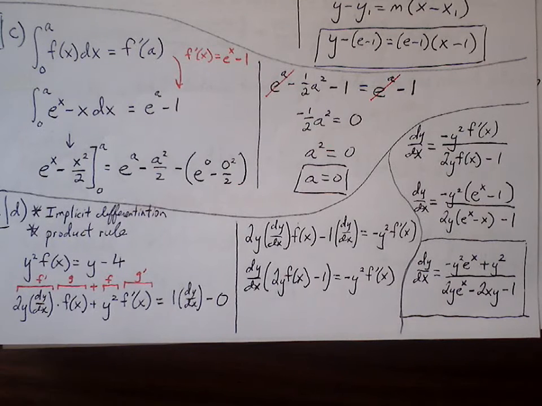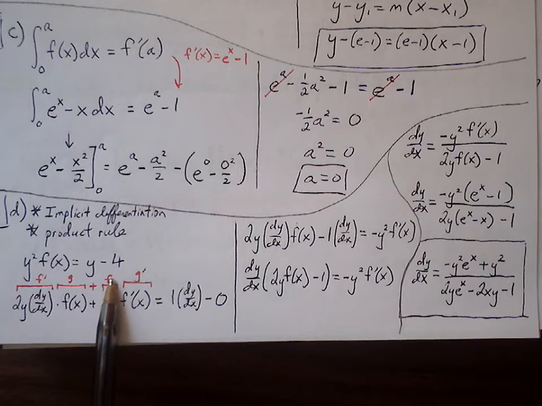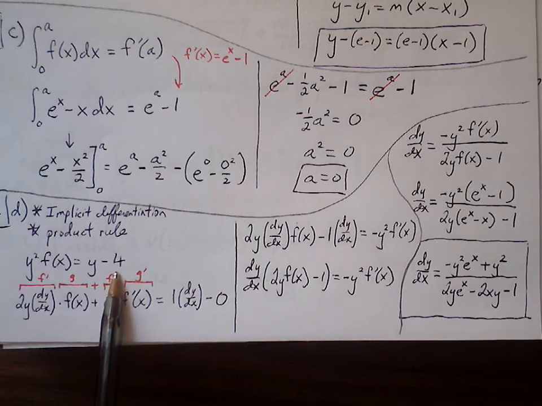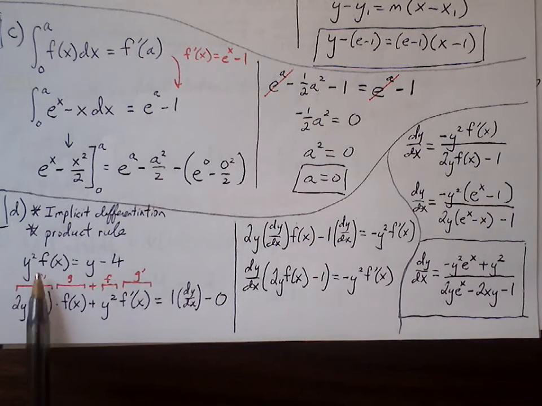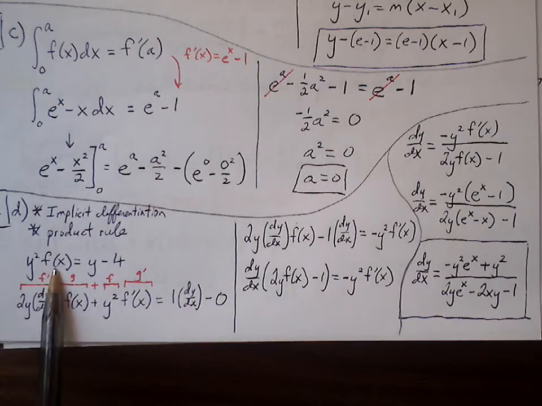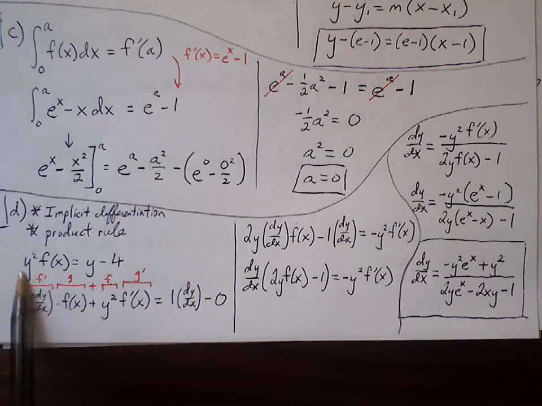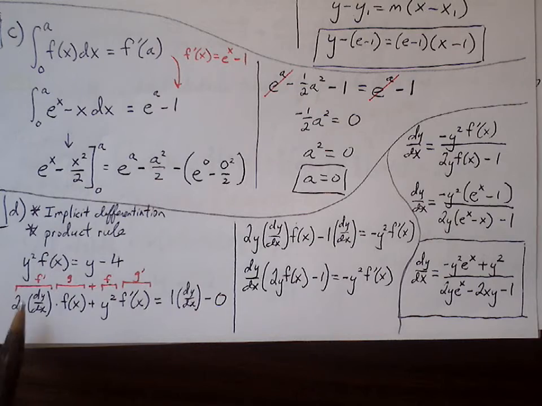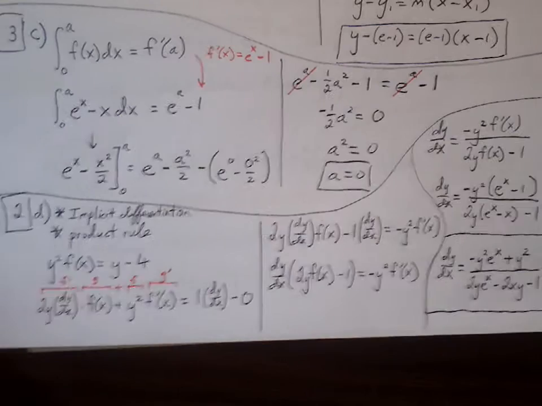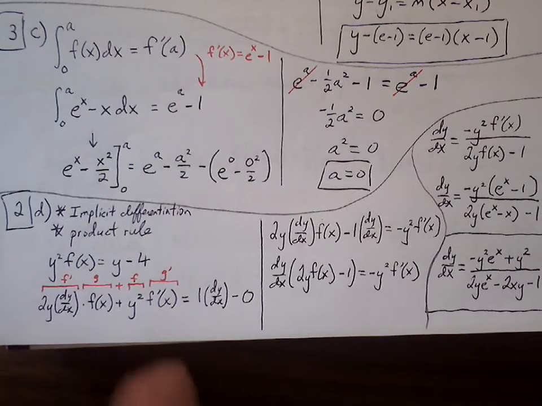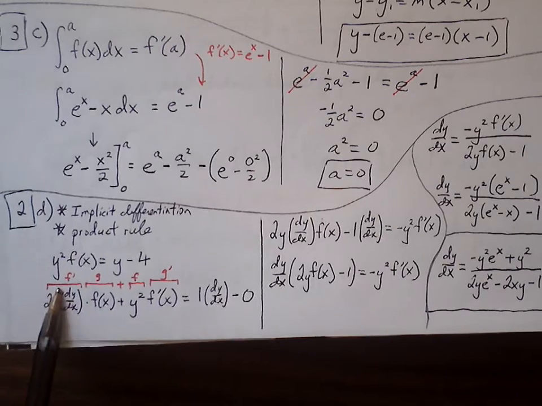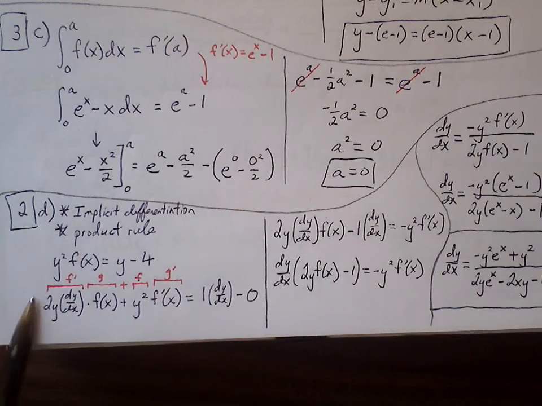All right, part D, suppose y squared f of x equals y minus 4. Find dy dx. So look at how this is set up here. We have to go through product rule. There's also implicit differentiation involved here because we have y's involved. So we're going to find the derivative going through product rule first. So f prime g plus f g prime.